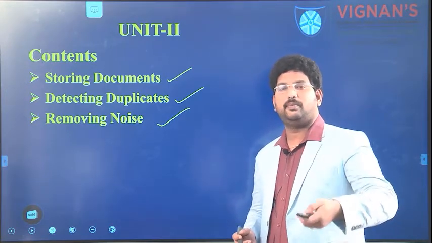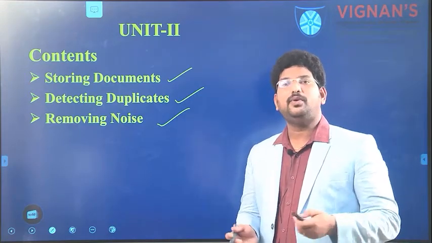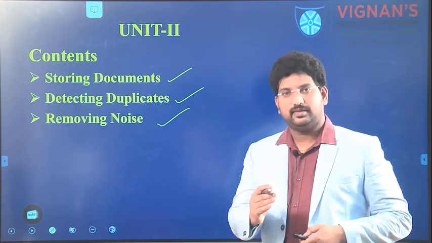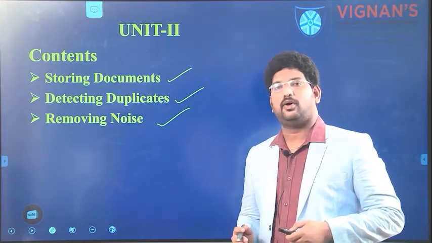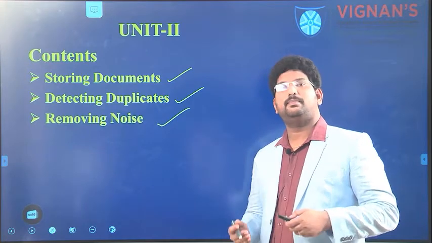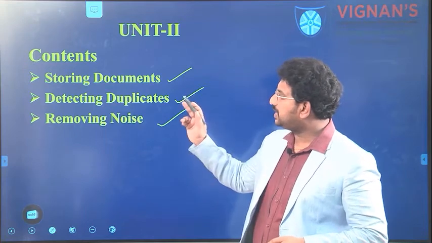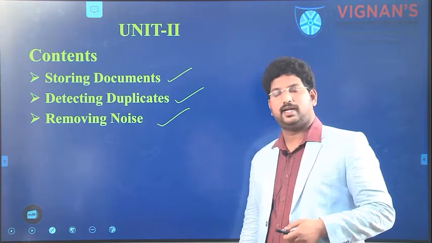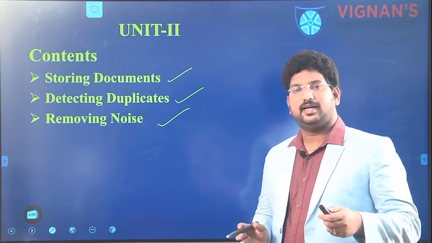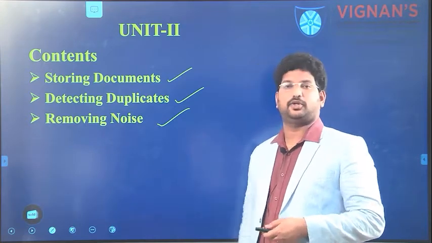Whenever you perform a search operation and retrieve information from the web, you have to think about how you are able to retrieve it. Only when there is a copy of the information or documents available on the web are you able to retrieve the particular information you are searching for. So that's why we will look at the necessity of storing documents, how we store them, and what Google uses for storing documents.